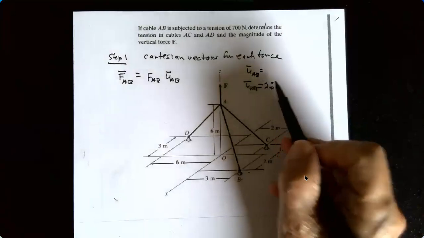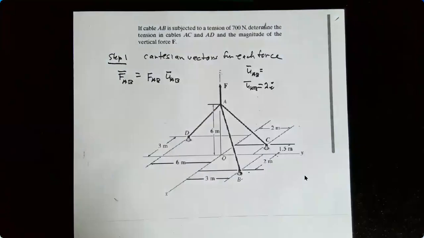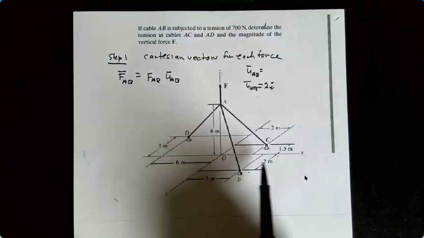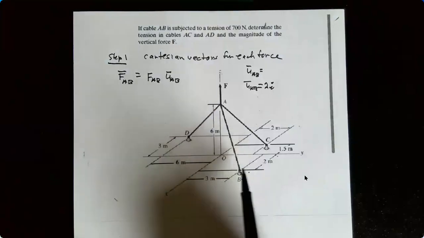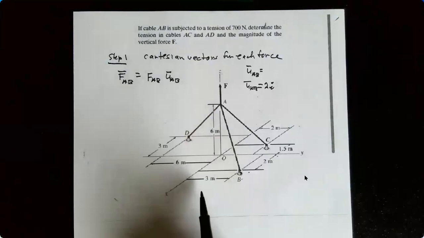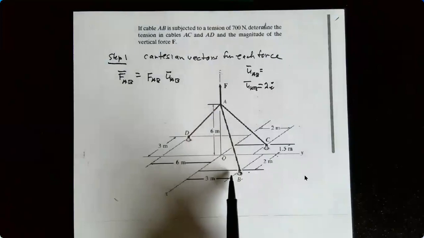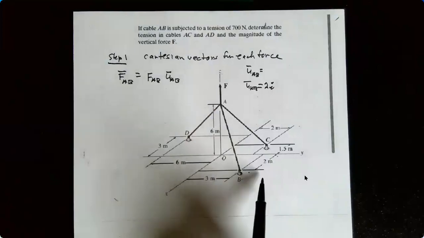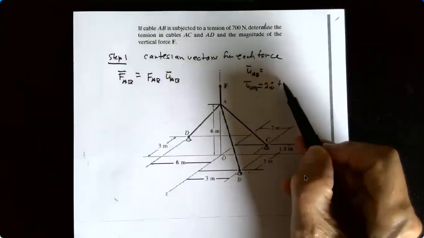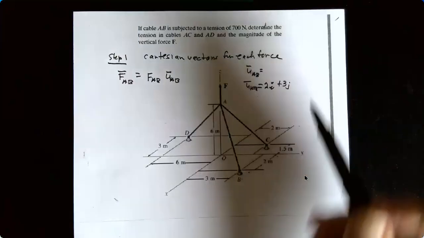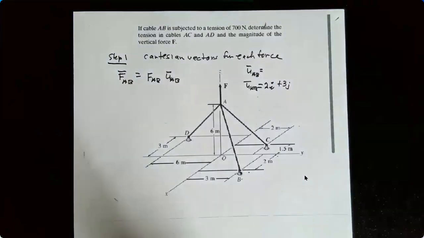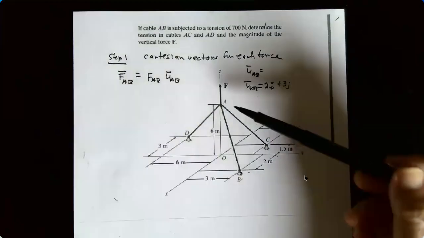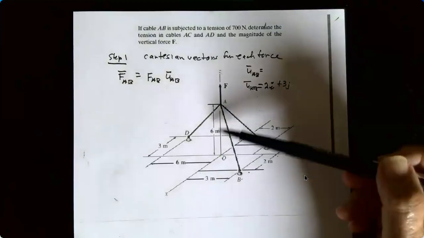So it's plus 2I. We want the J component that's in the y direction. The J component, and again, it's this 3 meter dimension here. And that's again positive. It's in the positive y-axis, so it's plus 3J. And in the z-axis or k direction, A to the origin, it's the 6 meters.